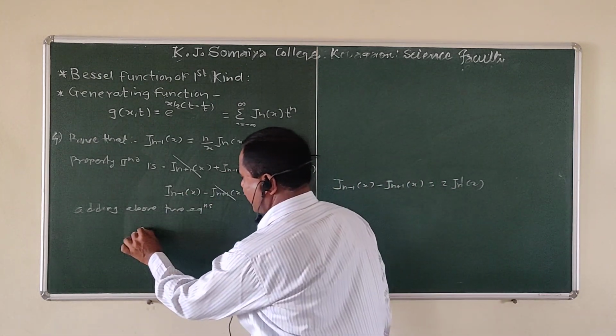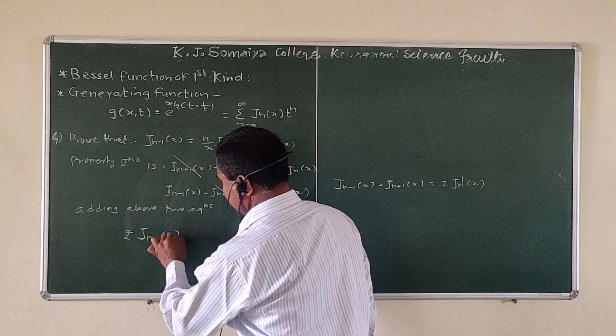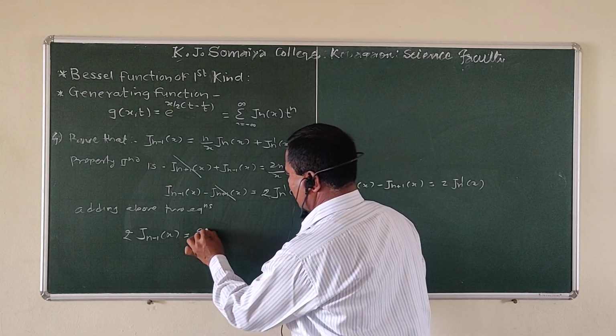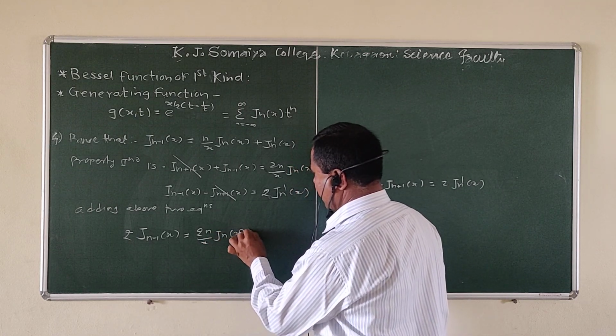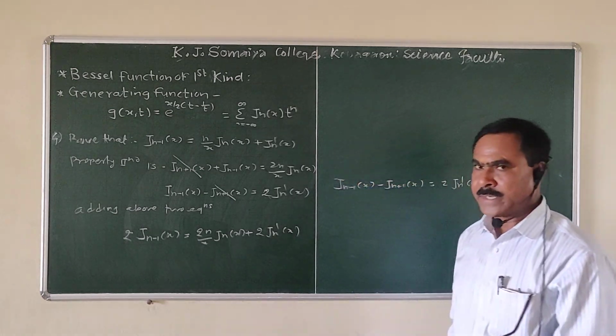So right here, 2 times J n minus 1 of x equal to twice n upon x J n x plus twice J n dash x.